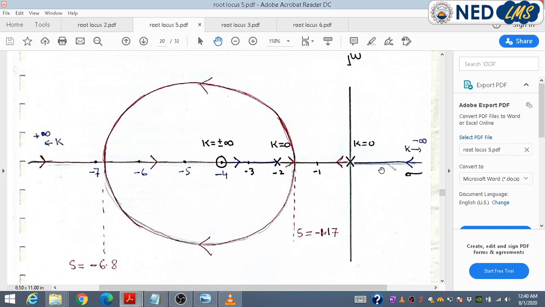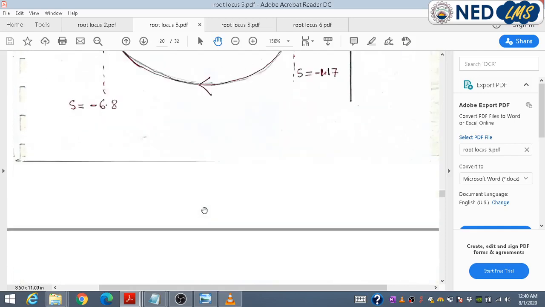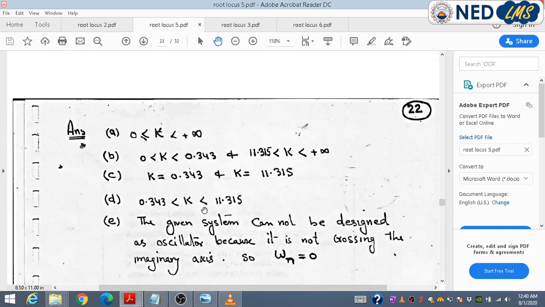Okay, now considering the positive values of k, which is the range of RL, here we can see that one branch starts from k equals 0 and ends at positive infinity. The another branch starts from k equals 0 and ends at another positive infinity. These two branches will remain in the left side of the S-plane. Therefore the system is stable for all positive values of k. Therefore the answer of part A, the system is stable for this particular range.